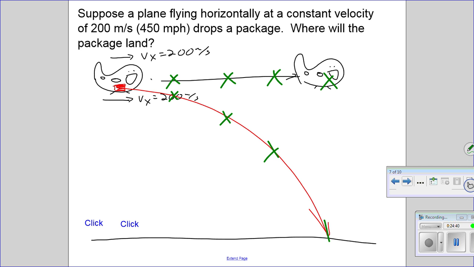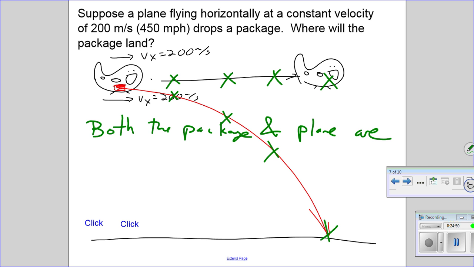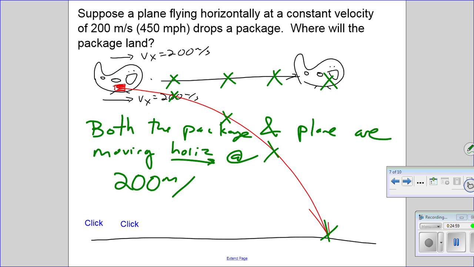Airplane, package. Because both the package and the plane are moving horizontally at 200 meters per second.